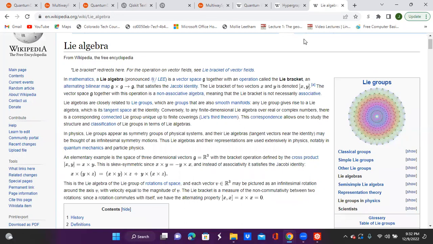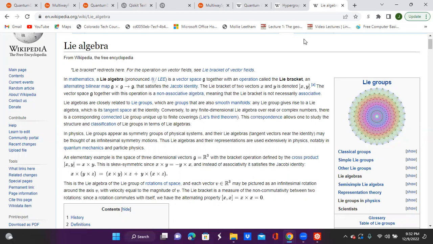This is a Lie algebra. A Lie bracket. Okay, in mathematics, a Lie algebra is a vector space g together with an operation called the Lie bracket, an alternating bilinear map g × g → g, that satisfies the Jacobi identity. The Lie bracket of two vectors x and y is denoted by [x,y].